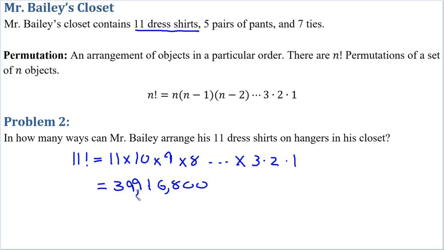So what is that? About 39 million different permutations of shirts, different ways I could arrange those shirts on a hanger. So I don't need to worry about repeating myself. I could always come up with a different 11-day option.